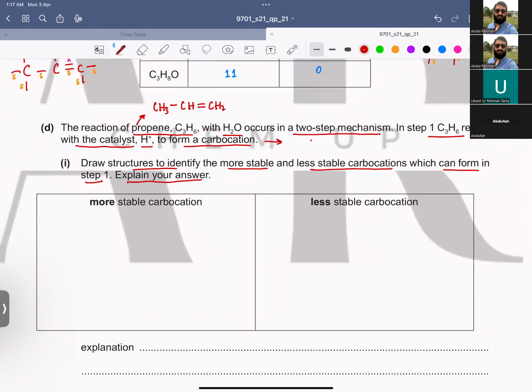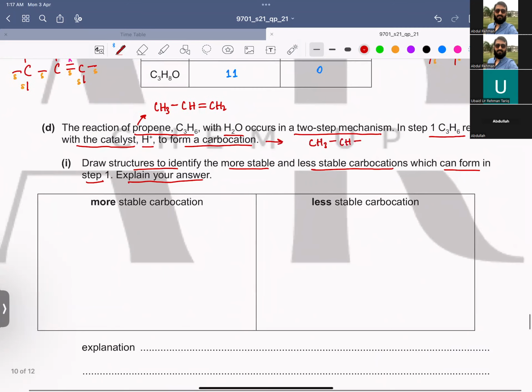One is CH3, CH, and as they have told us that hydrogen is being added, for example, hydrogen is being added to a carbon having two hydrogens. In that case, this carbon becomes the carbocation. And the second possibility would be CH3 and a hydrogen added to this carbon, and the terminal carbon becomes a carbocation. So which one is more stable?